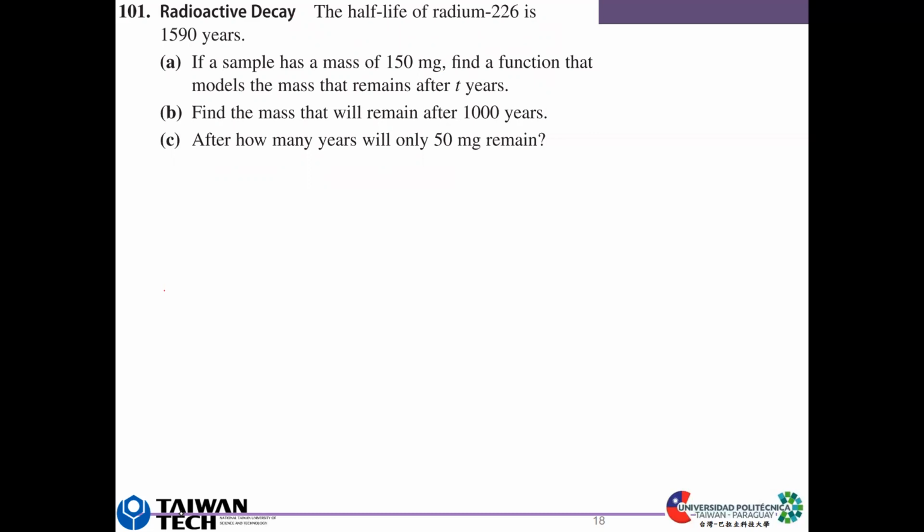So we look at this equation. The so-called half-life of radioactive decay can be written as: the total mass N(t) is the initial mass times 1/2 to the power of t divided by 1,590.